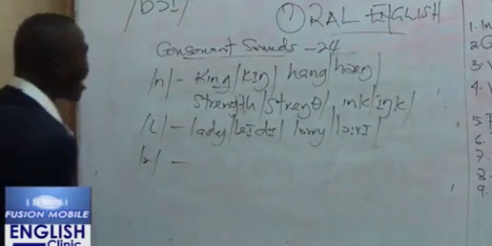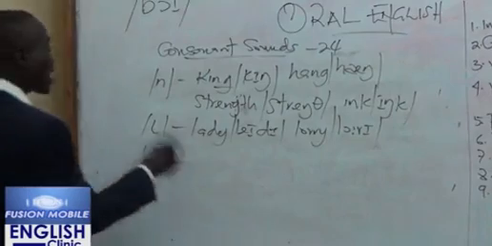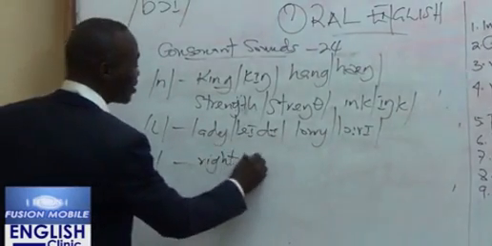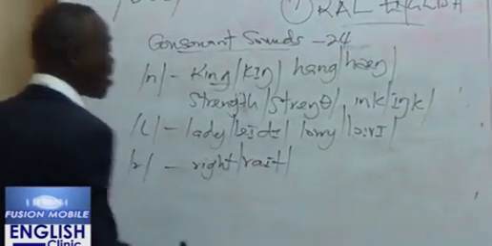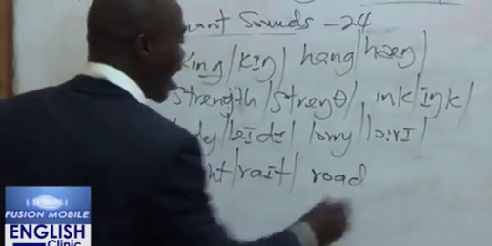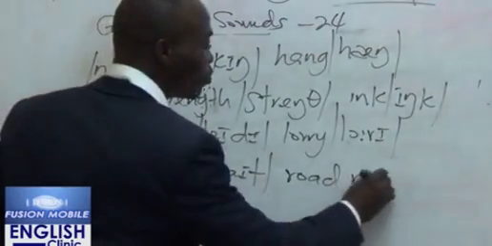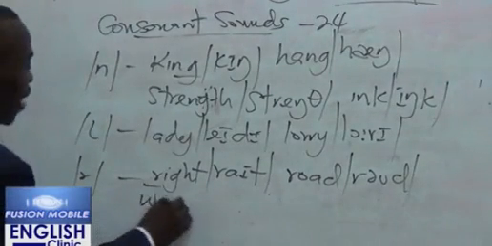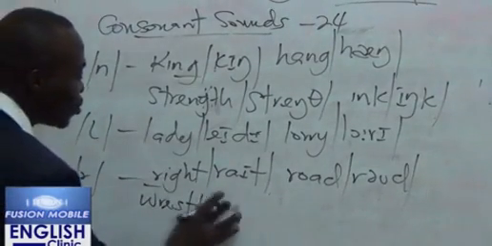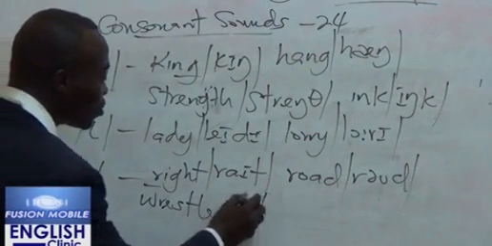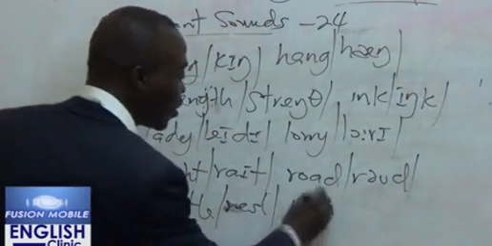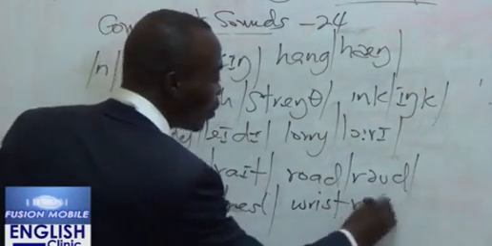Now this can be realized in about 3 ways. It can be realized by letter R, as in right, road. Then it can also be realized by WR, as in wrestle, wrist.